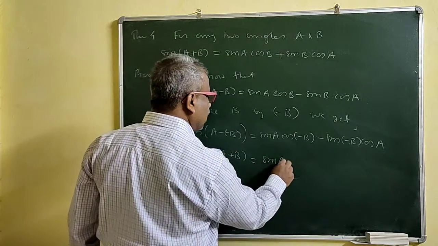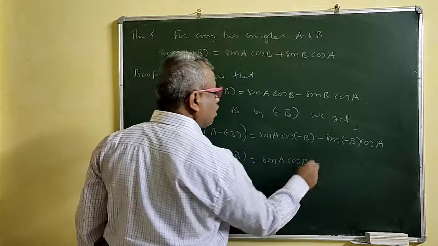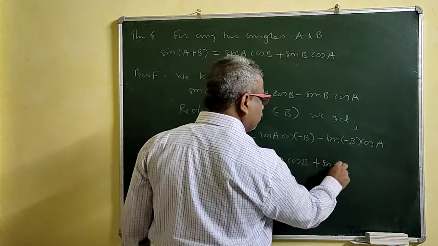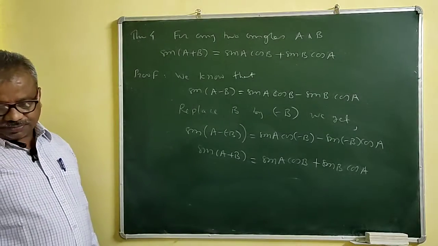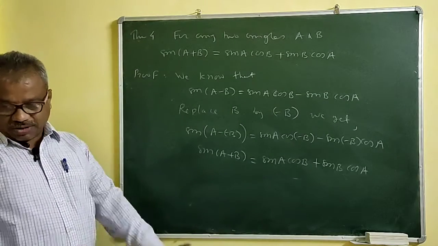So this is sin A cos B plus sin B cos A. Right? Now these four formulas are very important.